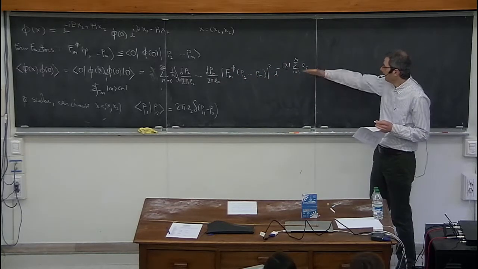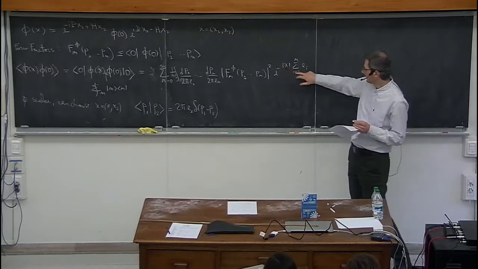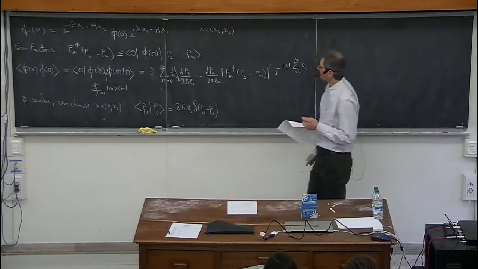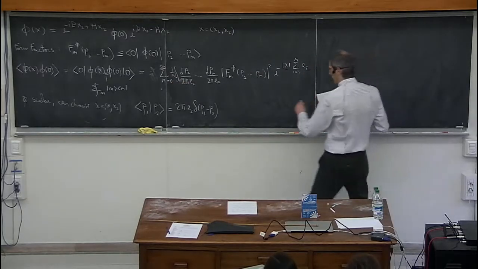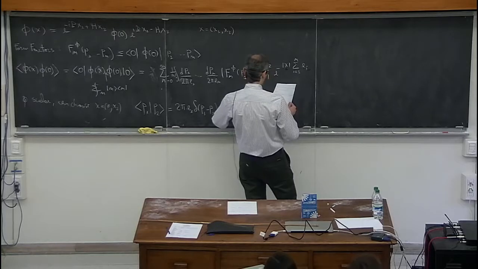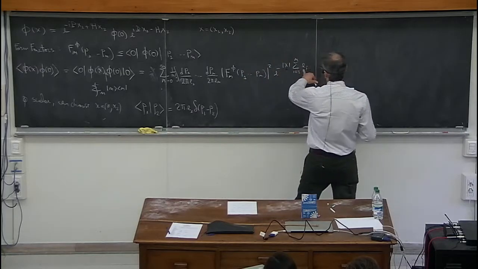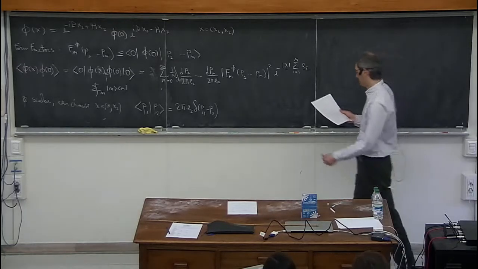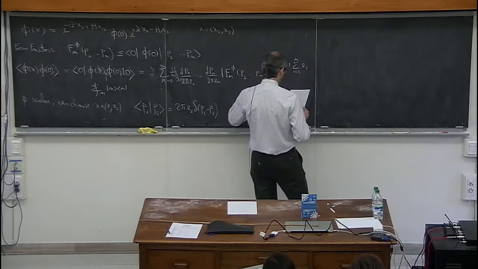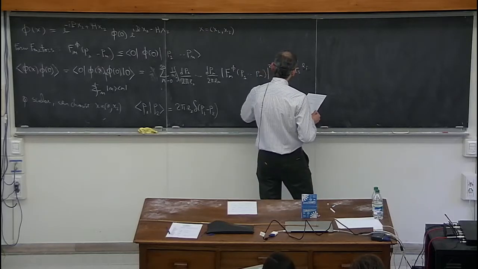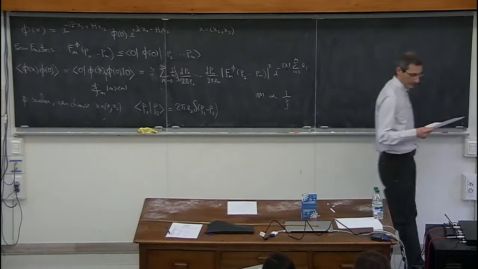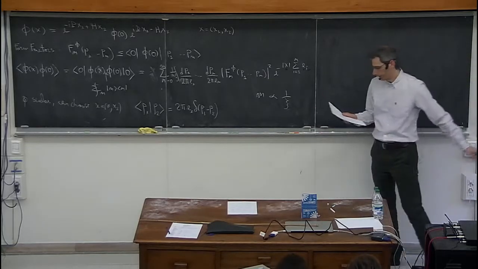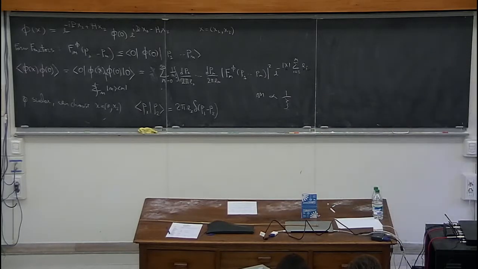In particular, the leading decay at large distance will come from the one particle state, n equal 1, and will be dominated by the minimal energy of the particle, which is its mass. From this we see that the mass is proportional to the inverse of the correlation length we defined yesterday.